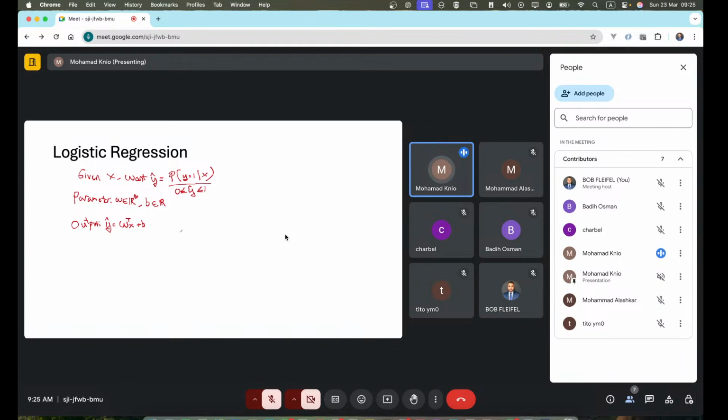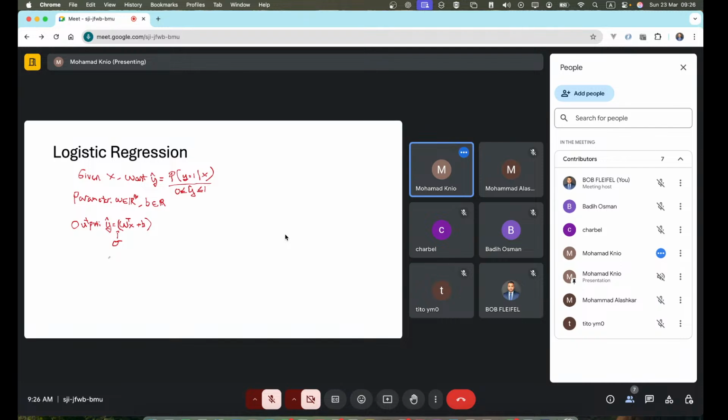To enforce this, we implement something called a sigmoid function. This is what a sigmoid function looks like.